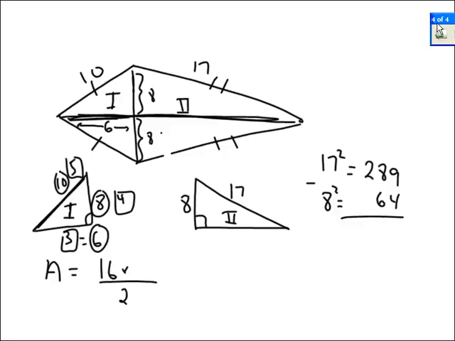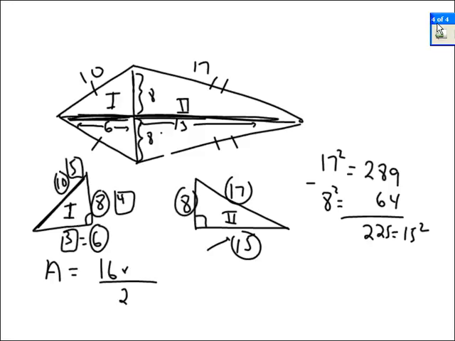If you subtract this squared minus this squared, should be that one squared. That is, it should be 225, which is 15 squared. And as a geometry student, you should remember 8, 15, 17. So now we know that this is 15.